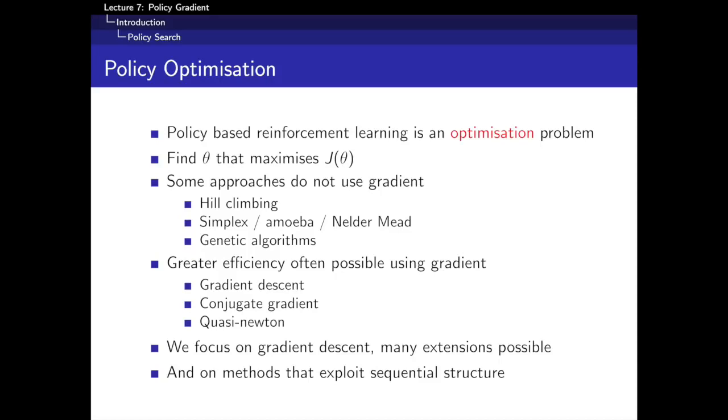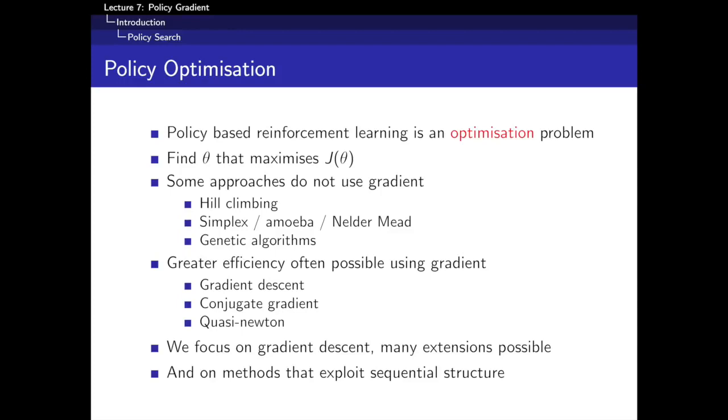Of course, once you understand how to do gradient descent, you should also understand that this can be extended to other methods, for example, second-order methods like quasi-Newton. All of these things are possible, but I think the ideas are best illustrated and often work most effectively with the simplest case, where with very little computation you can get a great deal of effective reinforcement learning.